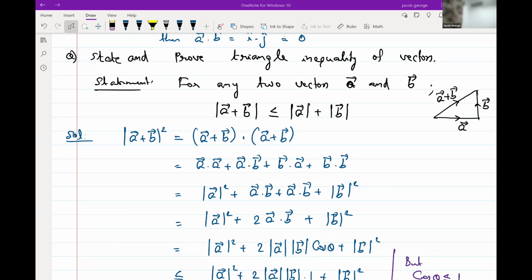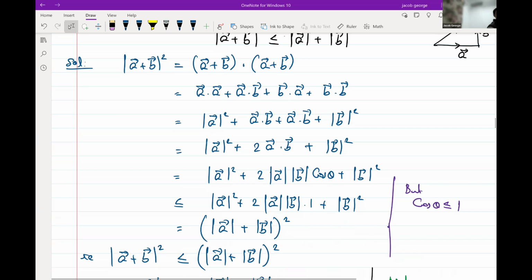When you replace it with 1, here we write less than or equal to, because cos theta is less than or equal to 1. So this way we get the answer as A square plus 2AB plus B square, which is A plus B the whole square form, modulus of vector A plus modulus of vector B the whole square. Then take the square root, we get the triangle inequality.